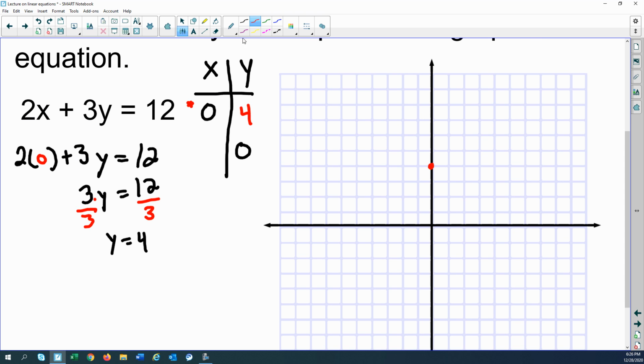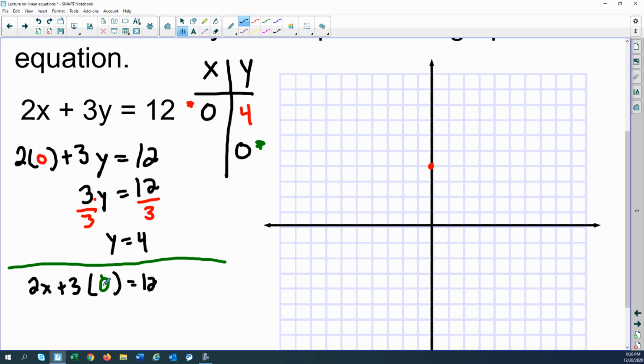The other one that we have is our x-intercept. That's when y equals 0. So we have 2x plus 3 times 0 equals 12. So this time we're plugging in 0 for the y variable. So notice that we plugged it in for the y.